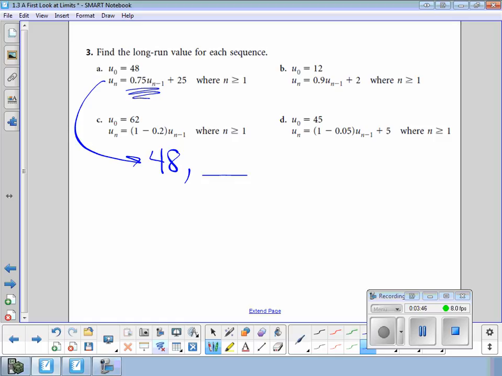So this problem, 3A, is losing 25% every time. But what is it gaining back? Just plain old 25. Not 25%, but 25, right? So it loses 25%, and then it gains 25 back.